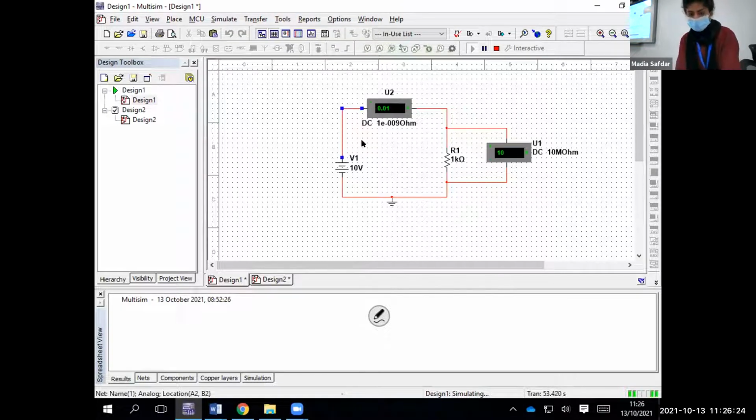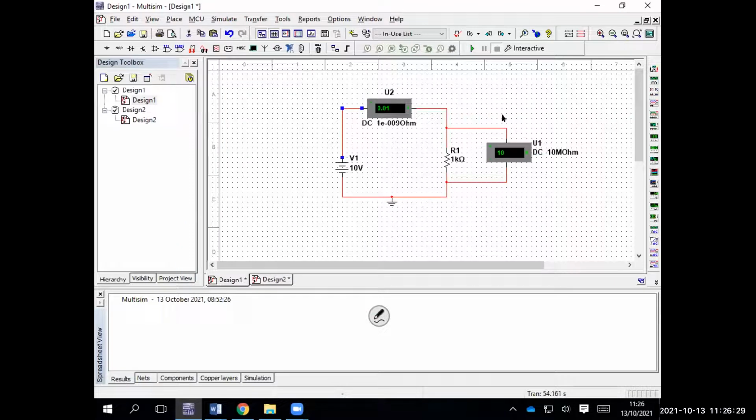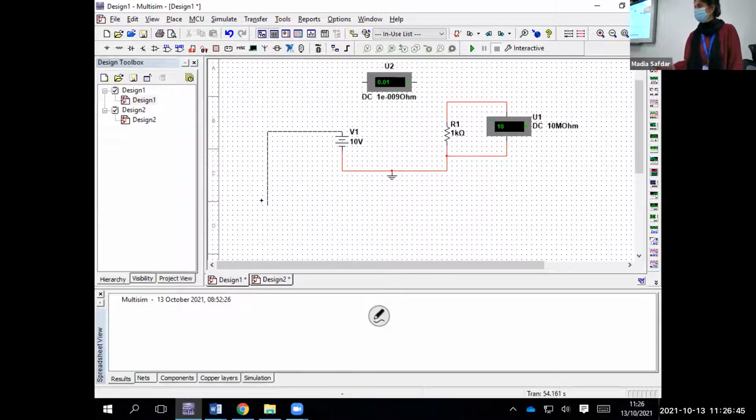Engineer, is this pre-lab or what? This is the lab experiment, the actual lab experiment. Just put this here, and if you click on it, you will see this dot. You see this wire is moving. Even when I leave the mouse, the wire is here.